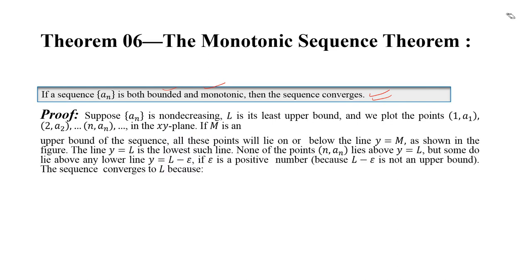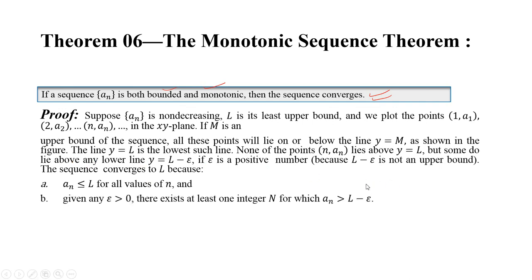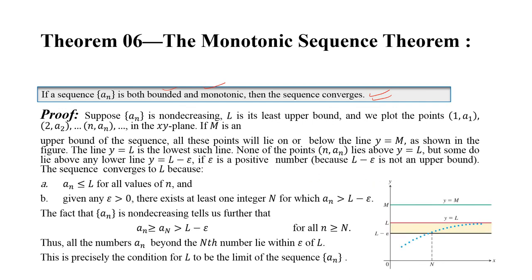If M is an upper bound of the sequence, all these points will lie on or below the line y equal to M, right? So we can have a figure as well. Here is the figure. So this is the line y equal to M. So all the points lie below this line because M is the upper bound, right?